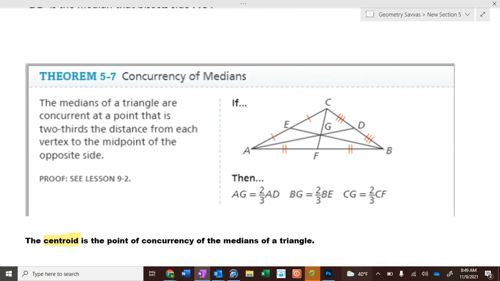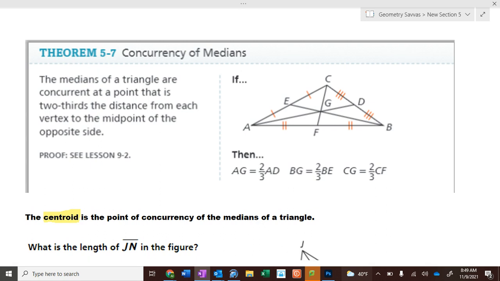Medians are all concurrent. They all cross each other at the same point called the centroid. So the centroid is a point of concurrency of three medians of a triangle.